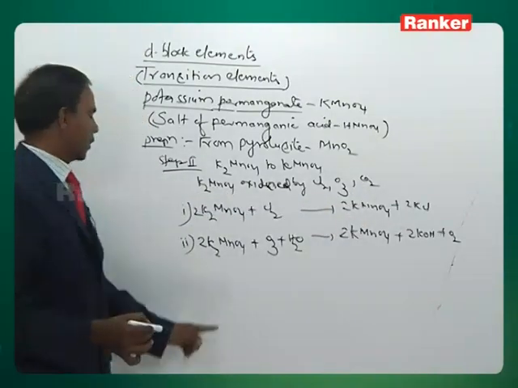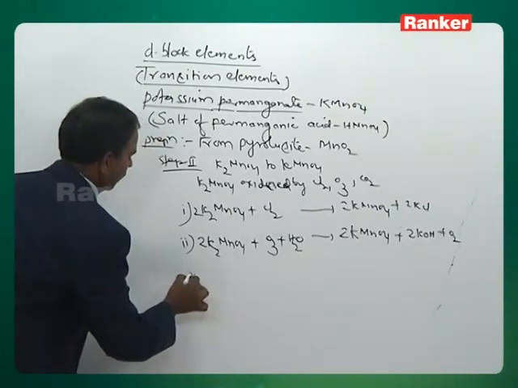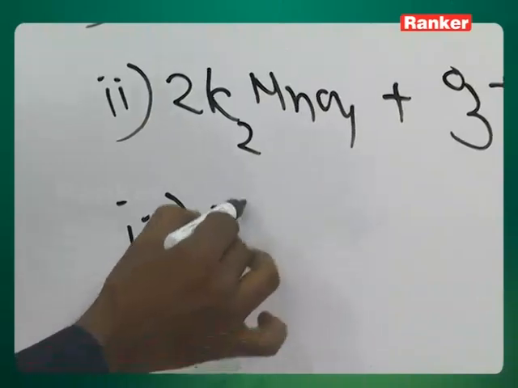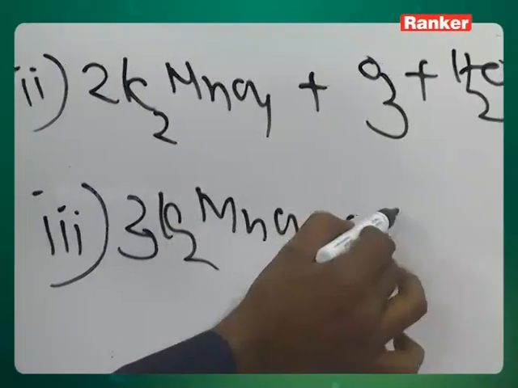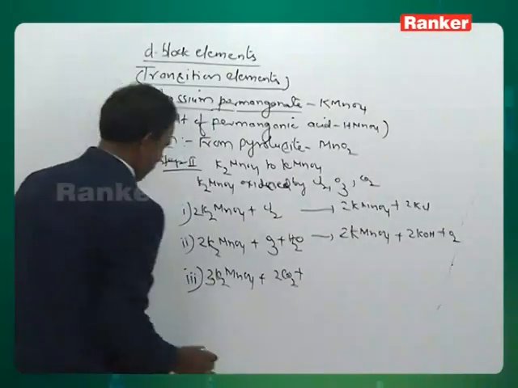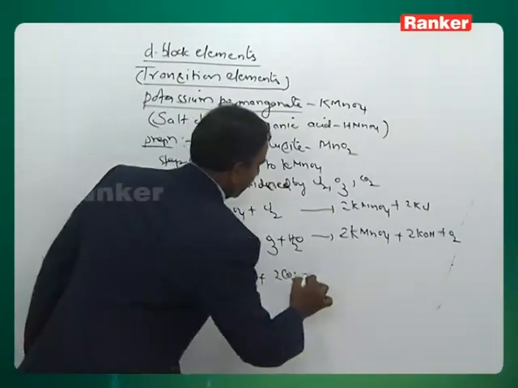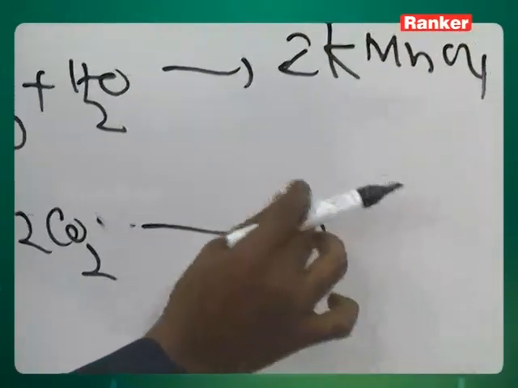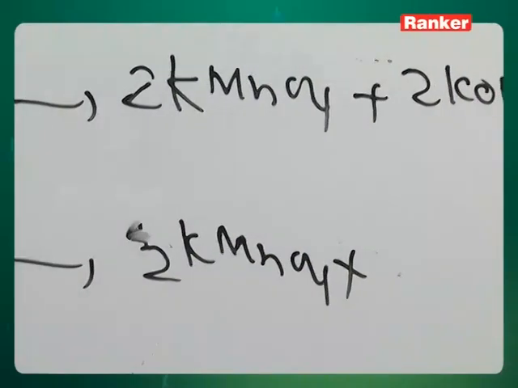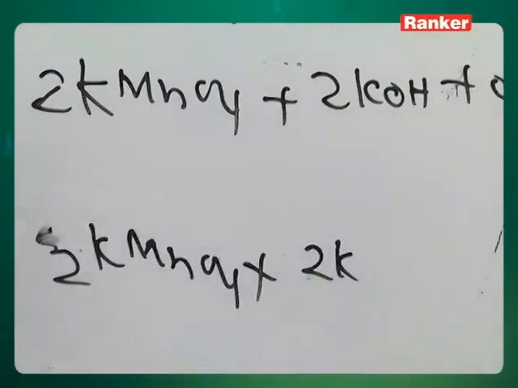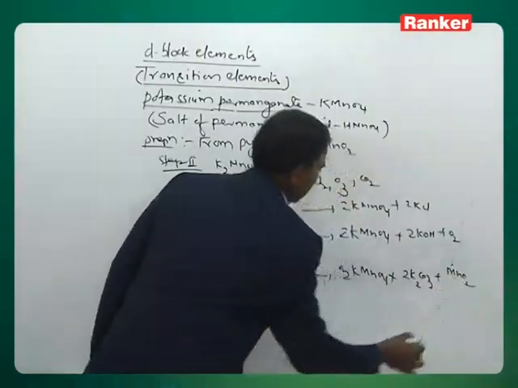Similarly, you can also convert potassium manganate to potassium permanganate by using CO2. Third way of conversion: 3K2MnO4 potassium manganate plus 2CO2, then you get potassium permanganate, 2KMnO4 plus 2K2CO3 plus MnO2.